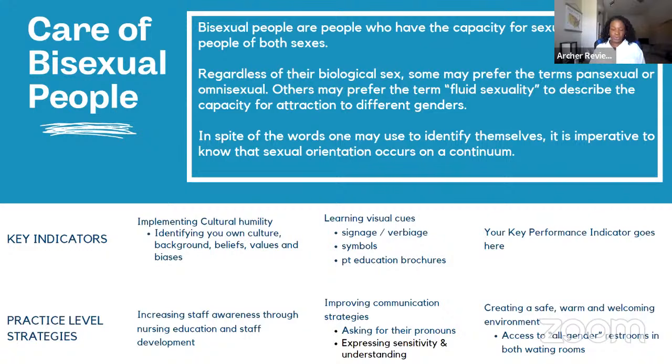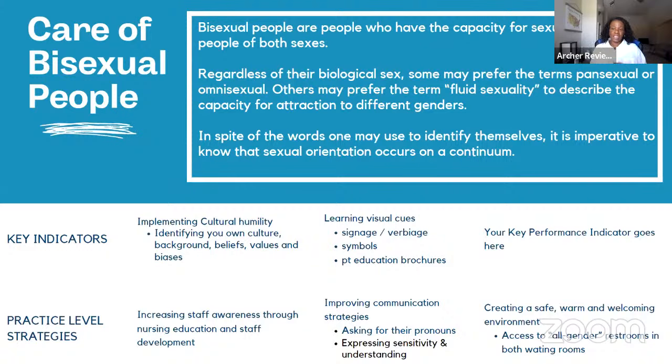Learning visual cues. Visual cues indicate for an LGBT patient that they are welcome and included. That means having clearly posted non-discrimination statements in the clinic, in the exam rooms, and in the bathroom. It includes references to sexual orientation and gender identity.